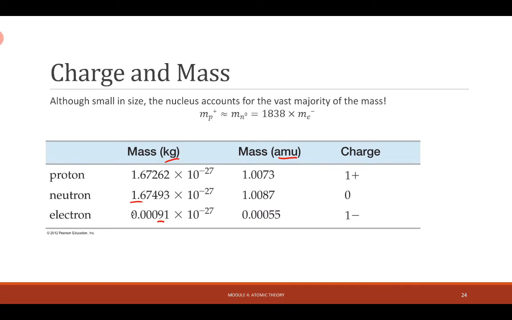This is way smaller. It would take 1,838 electrons to equal the mass of 1 proton. So the mass of an electron is way, way, way less. Here we have the masses of protons and neutrons being about 1 atomic mass unit. Protons are positively charged, neutrons are neutral, and electrons are negatively charged.